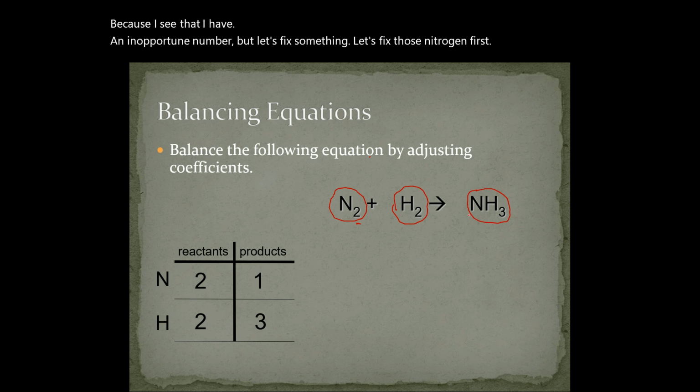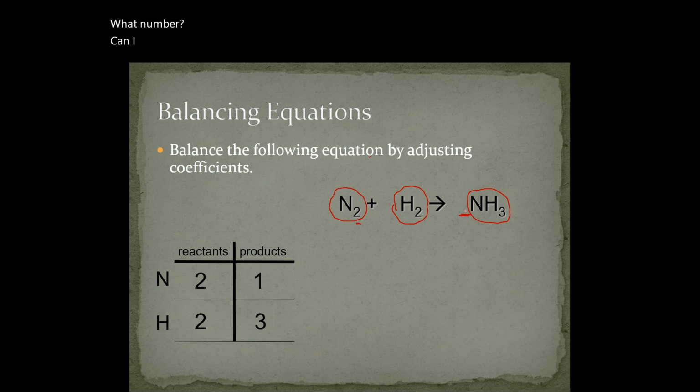What number can I put out front here that would make there be two nitrogen atoms on the product side? If you said 2, you're right. So now that I put the 2 out front, I have 2 nitrogens on both sides. Fixed. My nitrogen atoms are happy and content.